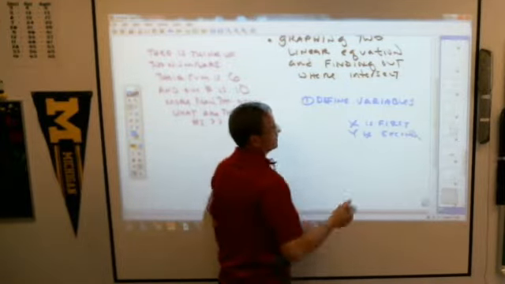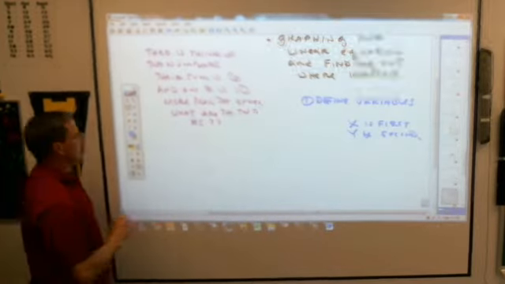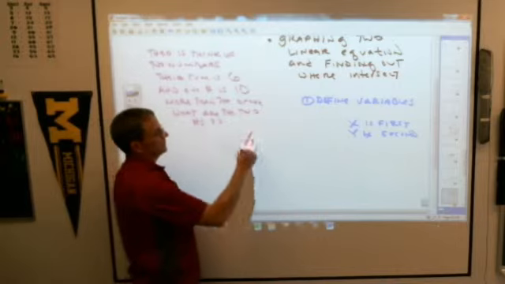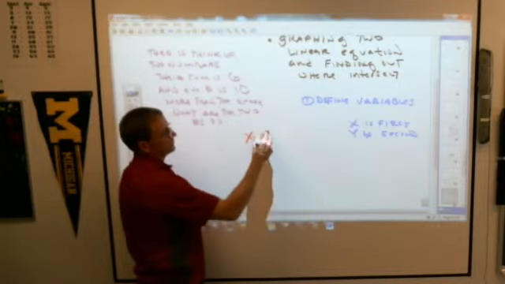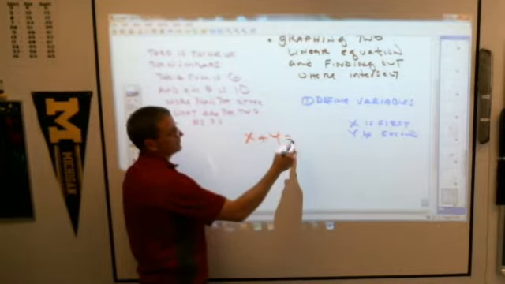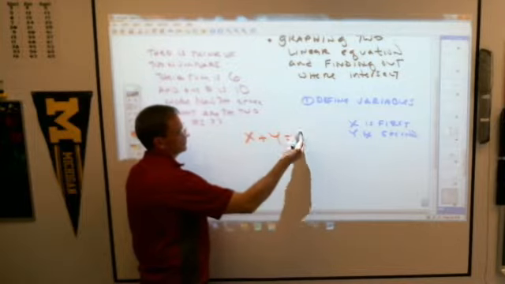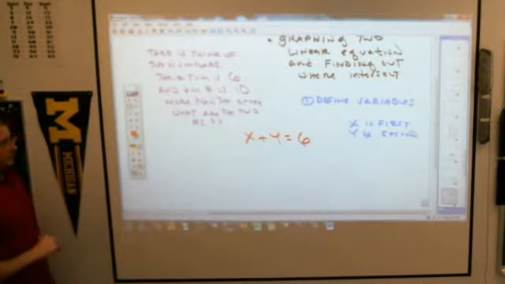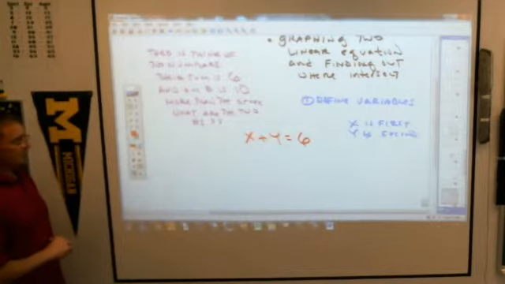Now, what two equations can I make from those? Well, the first one says their sum is 6, so x plus y equals 6. The other one says one of the numbers is 10 more than the other.